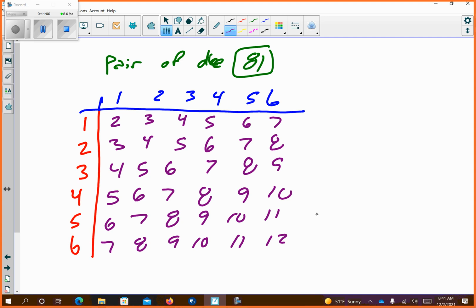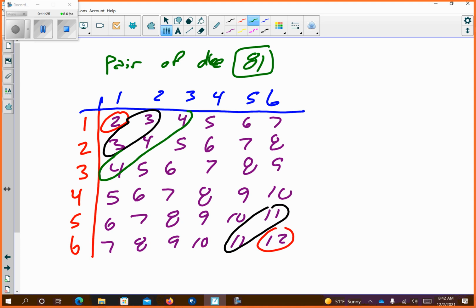Okay, so if you were to roll a pair of dice, there's one way you can roll a 2, there's one way you can roll a 12. You can roll a 1 and a 1, or you can roll a 6 and a 6. These are all the different outcomes that take place. If you were to roll a 3, you could roll a 1 and a 2, or a 2 and a 1 on the different dice. Same thing with the 11, a 5 and a 6, or a 6 and a 5. 3 ways that you roll a 4. 3 ways you roll a 10.